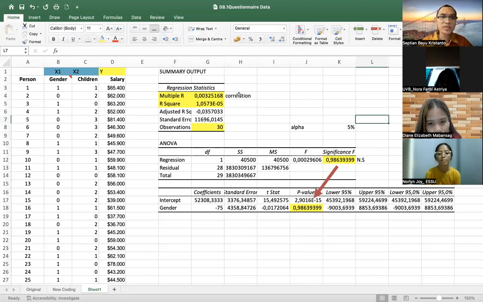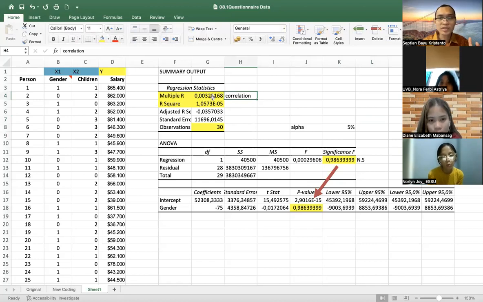Okay, so we start with the correlation. The correlation score is very low, almost 0. So they have a weak correlation. In other words, we can say that salary is not affected by gender. Males do not have a higher salary than females.